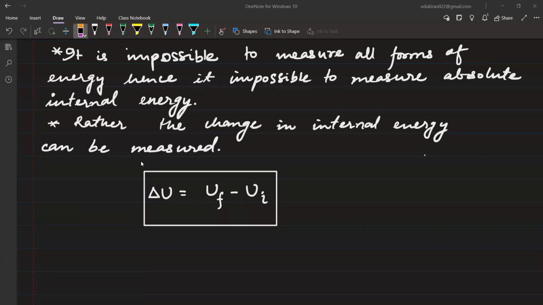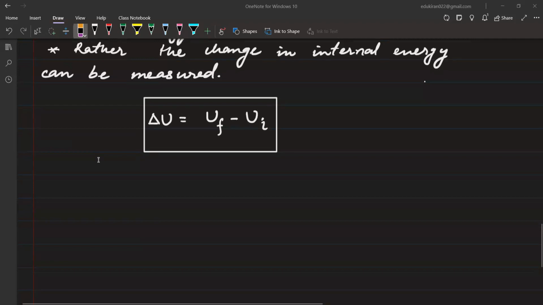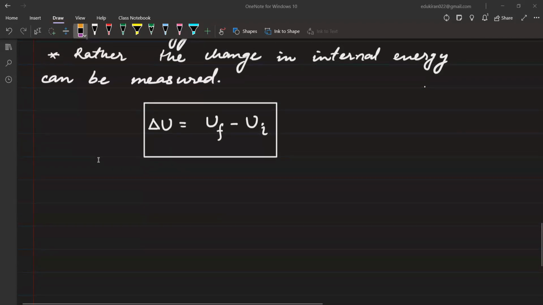जब हमने चेंज की बात की, तभी आई ना, when we said that it is impossible to measure absolute internal energy. It is impossible. तो अब इम्पॉसिबल बोल के फिर हम लोग फाइनल माइनस इनिशियल क्यों करें? बेवकूफी वाली बात हो जाएगी. ठीक है, देखिए हम बिल्कुल एक एक चीज पढ़ा रहे हैं, ताकि आप लोग समझिए. नहीं समझेंगे तो फिर बहुत गड़बड़ होगी.